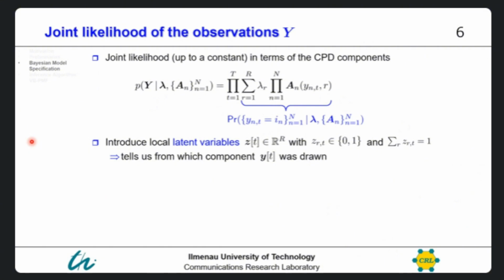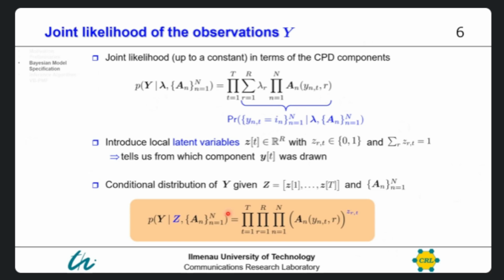They basically tell us from which of the capital R components the observation was drawn. So we can now write the conditional distribution of Y given Z and the factor matrices. This is given by this equation here, and we can see the Z here, and it also appears here on this side.